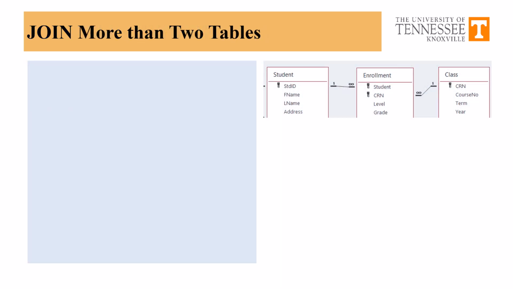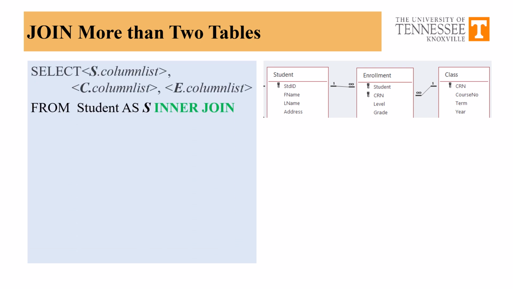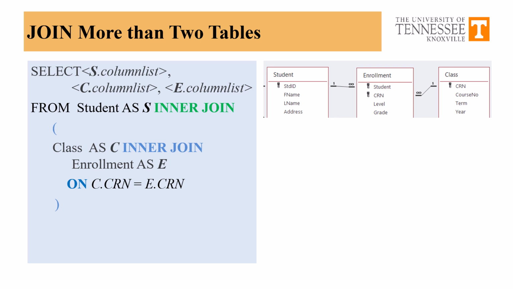This example shows how to join more than two tables, a common real-world task. Here we are combining student, enrollment, and class tables. First, we join class and enrollment on CRN. Then we wrap that in a brace that joins to student using student ID.